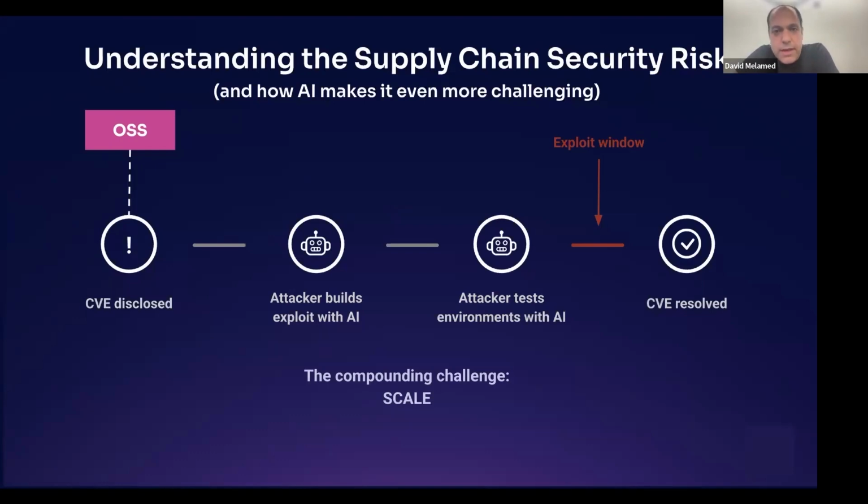As you can imagine, with AI now and the fact that you can scale the attacks, that exploit window is really critical, and you need to shorten it as much as possible. But even if it's simple for a single CVE, the real challenge that you will need to take care of is the scale. If you have thousands of CVEs, how can you deal with that?